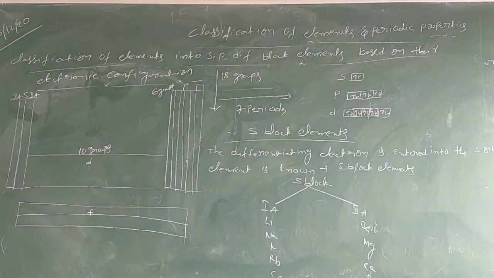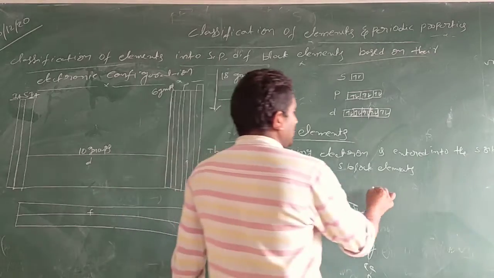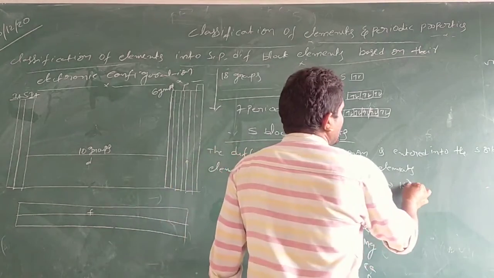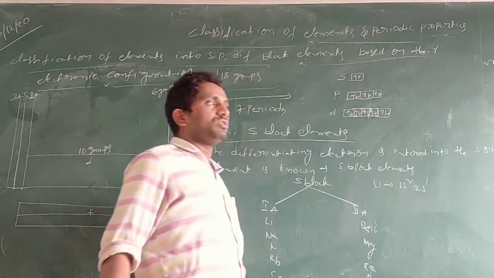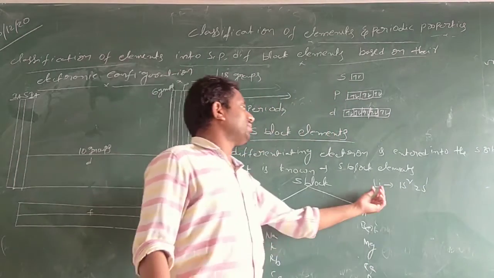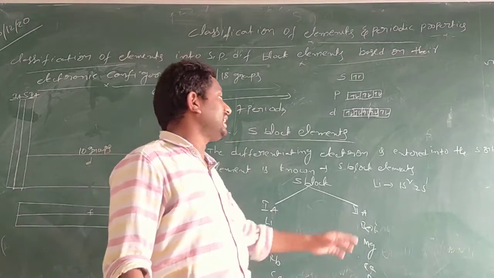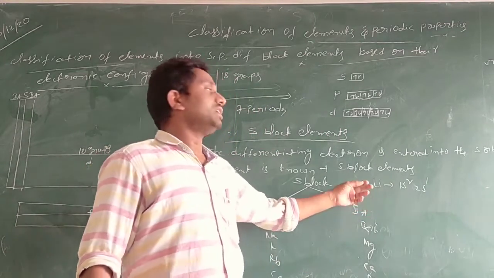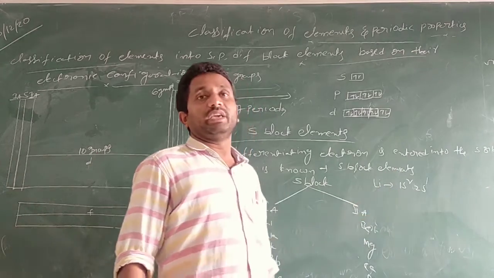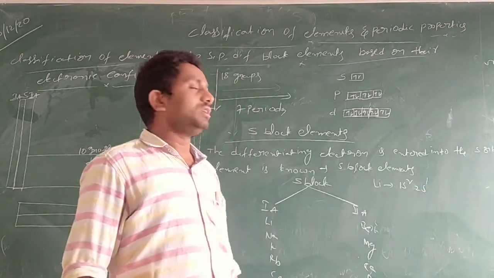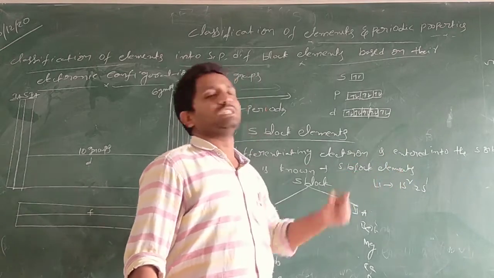For example, lithium, what is the electronic configuration? 1s2 2s1. So lithium belongs to S block. How can we say lithium belongs to S block? The last electron enters the S orbital of the element. So that is known as S block elements.